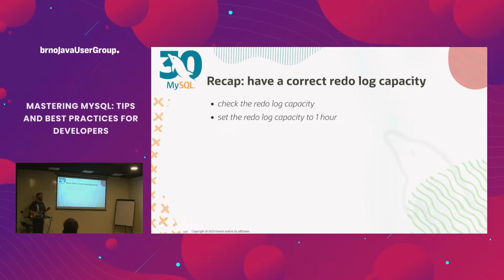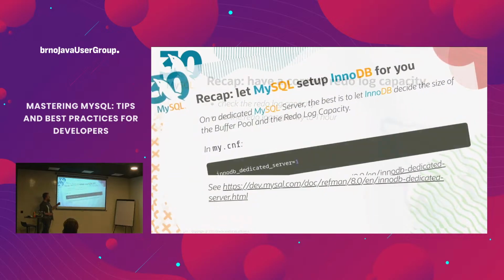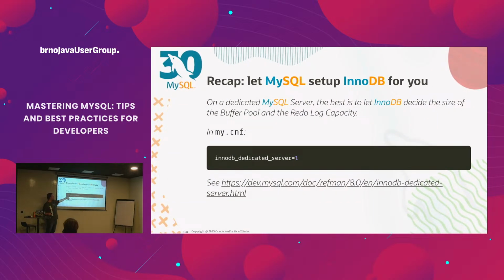If you say, yeah, it's nice, but all that is maybe too complicated for me, we have done something for you to start with, and this is innodb_dedicated_server. I told you, please don't modify my.cnf, but for this one you can. You put innodb_dedicated_server=1 in my.cnf, and MySQL will tune the memory.